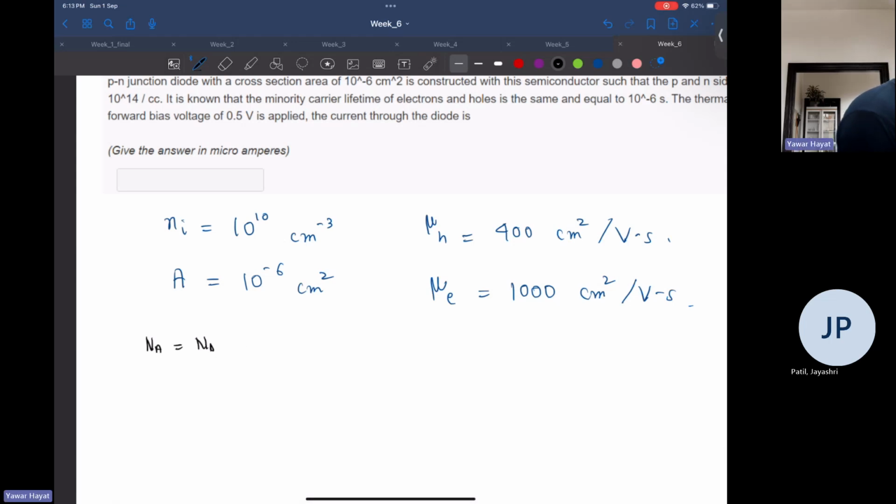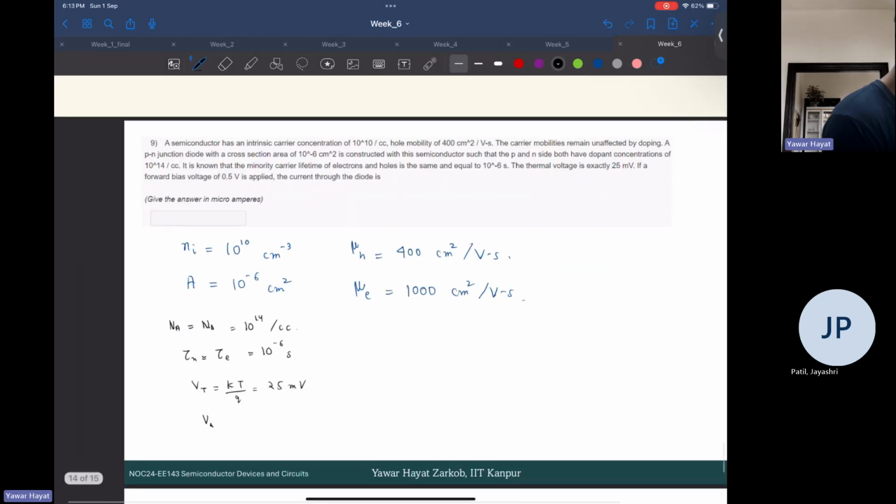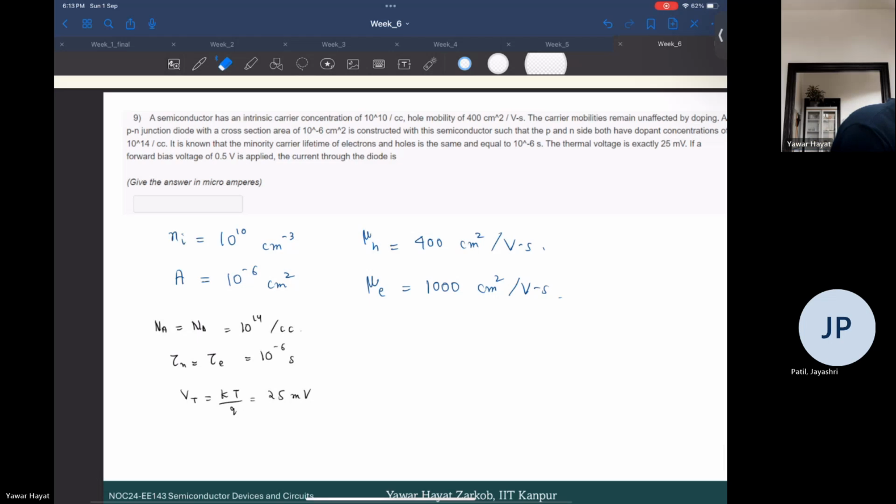Your Na is equal to Nd is equal to 10 to the power 14 per centimeter cube, right? Your tau n is your tau p, and that is 10 to the power minus 6 seconds. This is something that is already given. And your Vt, which is kT by q, that is 25 millivolts. The forward bias voltage Va is 0.5 volts.